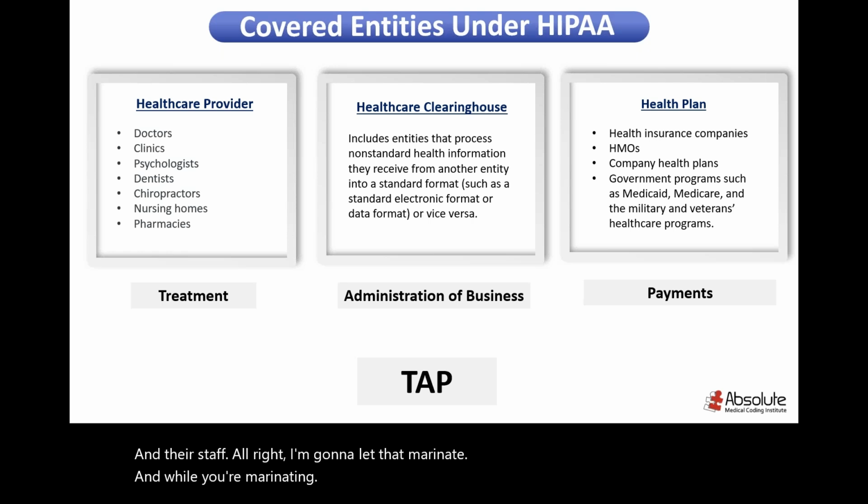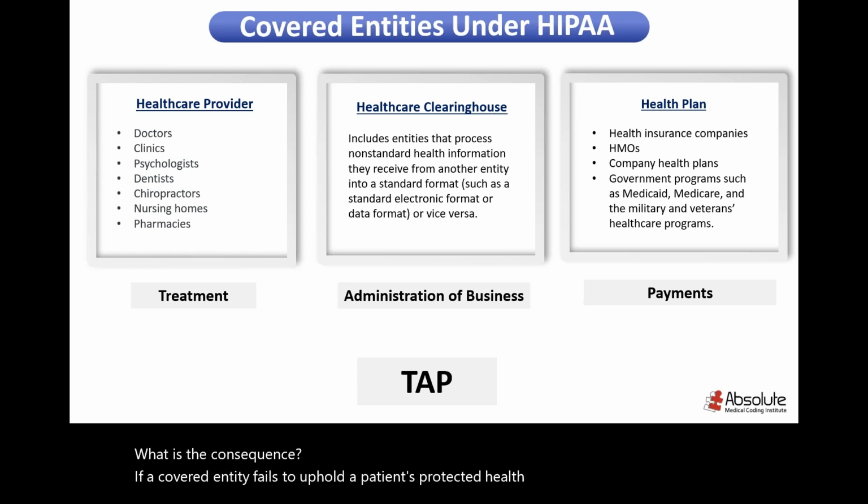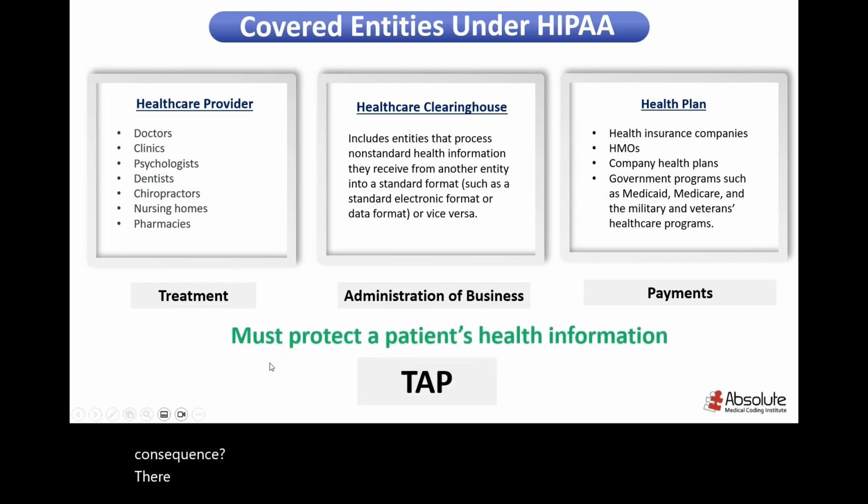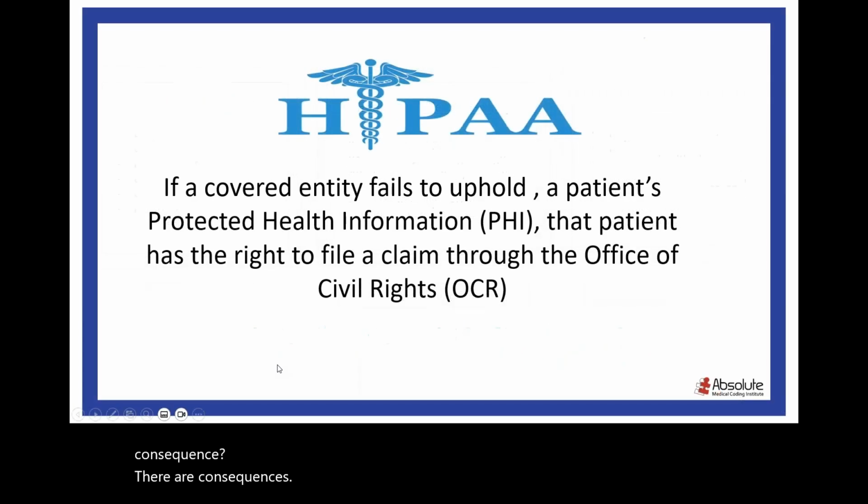what is the consequence if a covered entity fails to uphold a patient's protected health information? What is the consequence? Well, there are consequences. Well, again, the patient has the right to file a claim through the Office of Civil Rights.